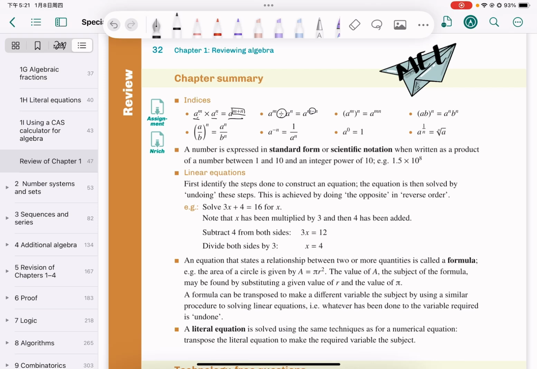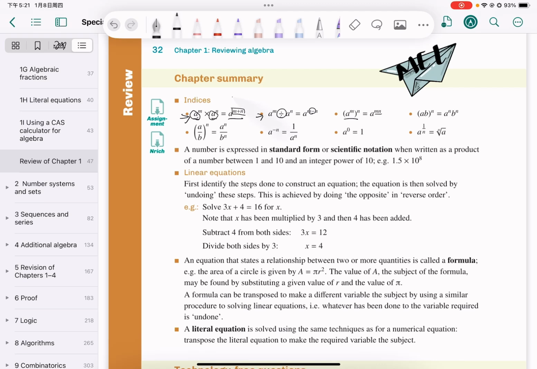Okay, and what about this one? So a to the power of m and then to the power of n. So we can actually multiply the powers together into m times n. Okay, so for these, the condition you need to be specific is that they have the same base, a.